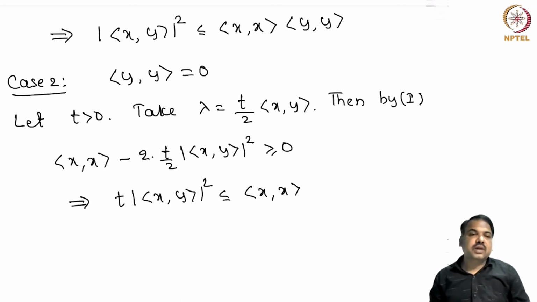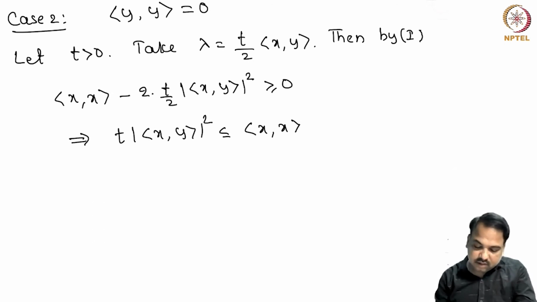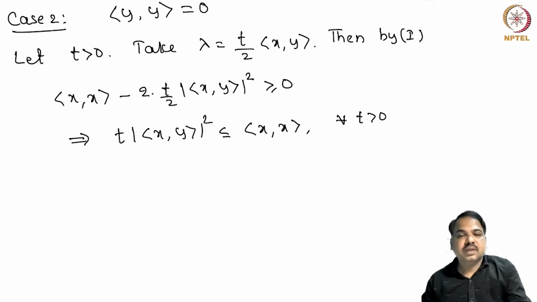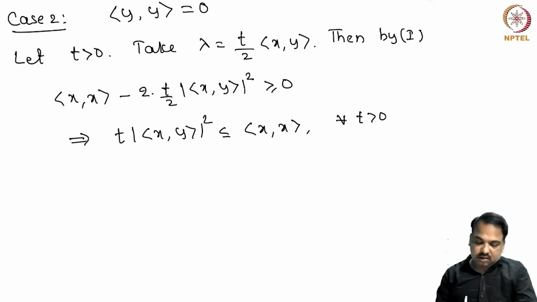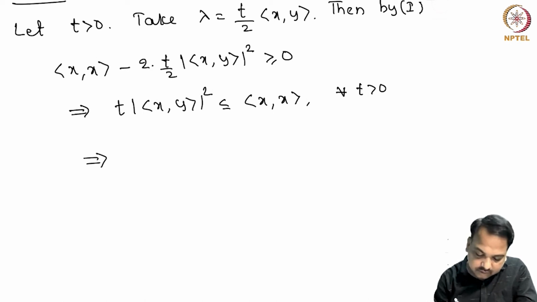If the semi-inner product of x with x itself is 0, then the left hand side anyway has to be 0. But if that is non-zero, and this is true for every t bigger than 0, on the right hand side it is a fixed quantity, whereas the left hand side varies with t. Now for larger t this is also valid, hence we can say that this happens only when the semi-inner product of x with y is 0.